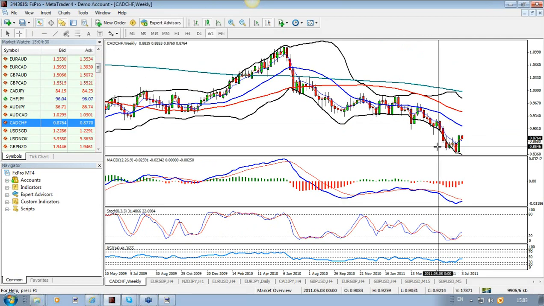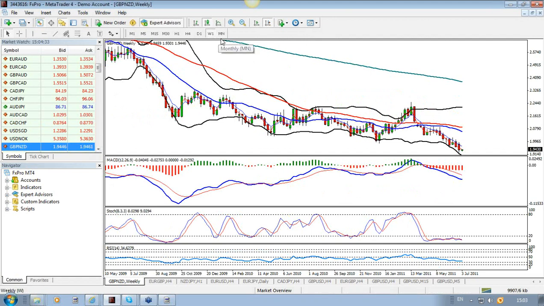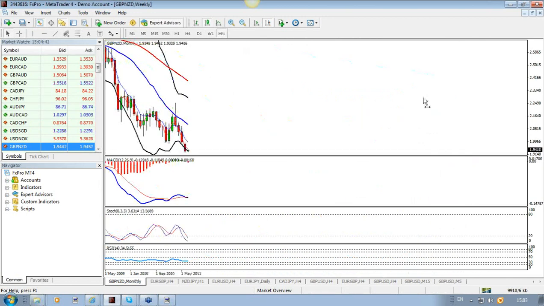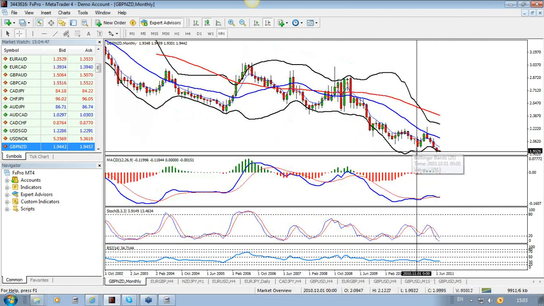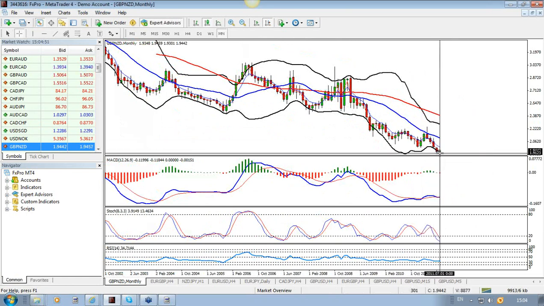The next pair I'm going to take is the British Pound New Zealandian. It is 1, 2, 3. I will wait for 4 and 5 waves and I will start to attack it. Why? Because on monthly chart there is a divergence. Then British Pound New Zealandian for guaranteed will make U-turn during the next months.